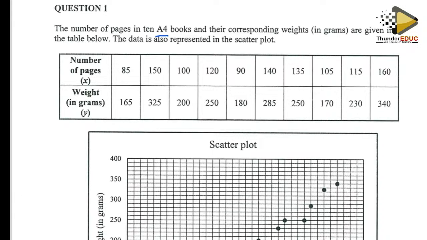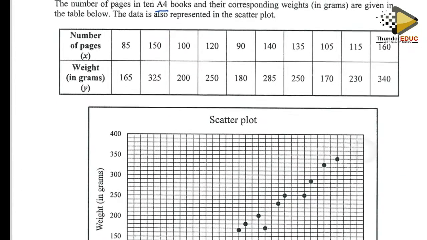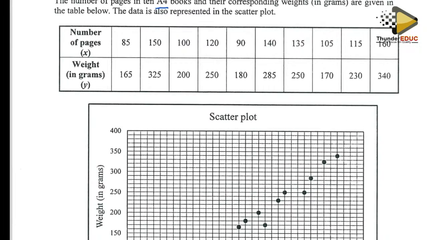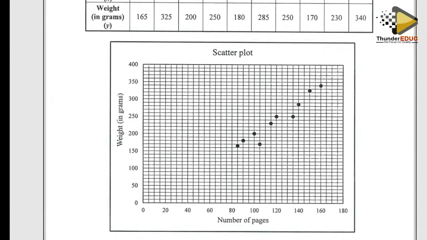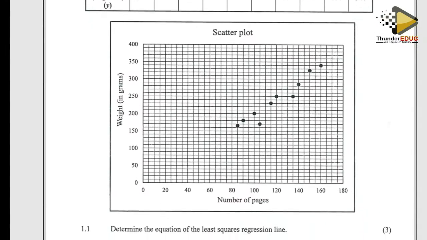The data is represented using a scatter plot. We start with the number of pages, representing our X variable, and then the weight is the Y variable: 85, 165, 150, and so on. After that, they drew the scatter plot for that data.